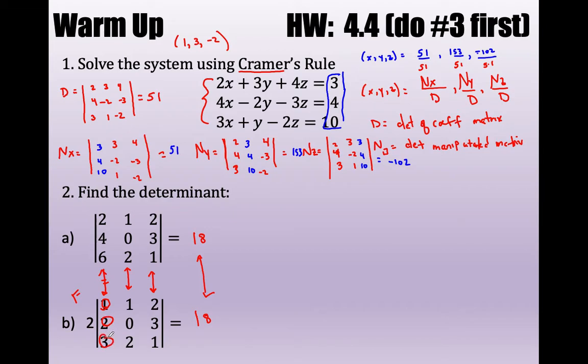And that is a property of determinants. If you factor something out of one of the columns, the determinant will be equal to that factor times the new determinant.